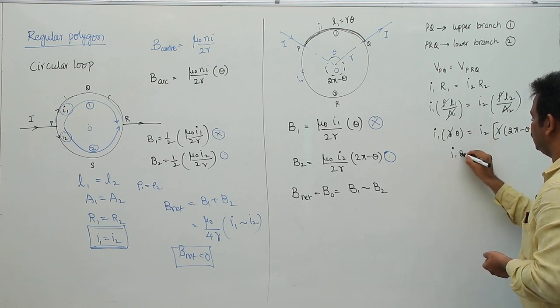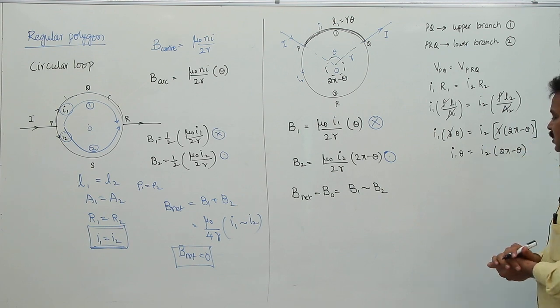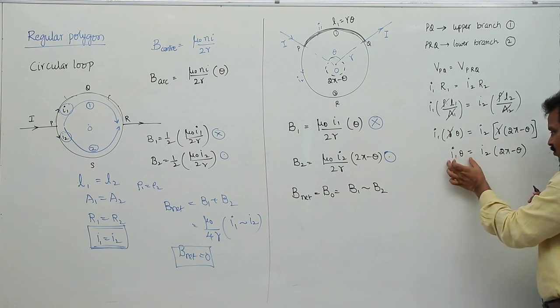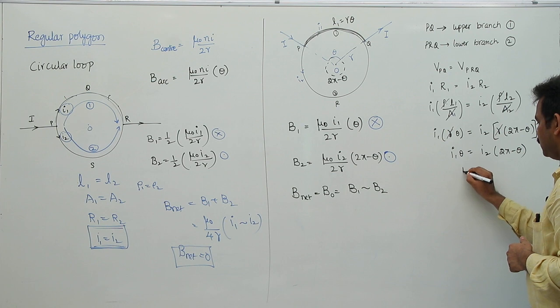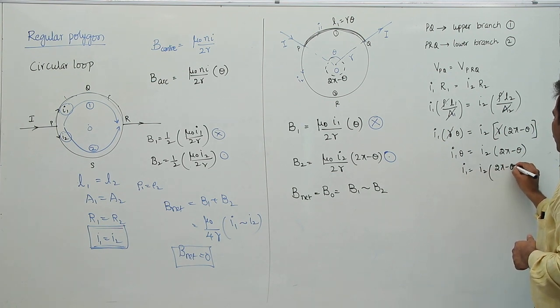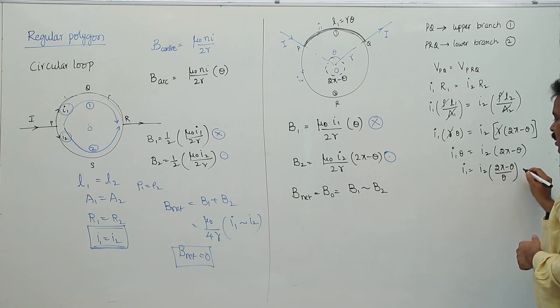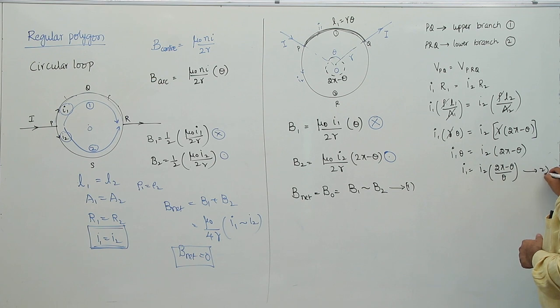So I1 theta is equal to I2 into 2 pi minus theta. So in place of I1, what can you write? I2 into 2 pi minus theta by theta. So you can substitute this one. This is actually equation 1 and this is equation 2.